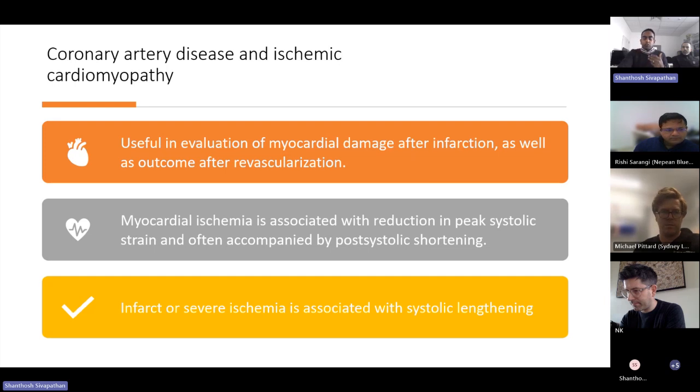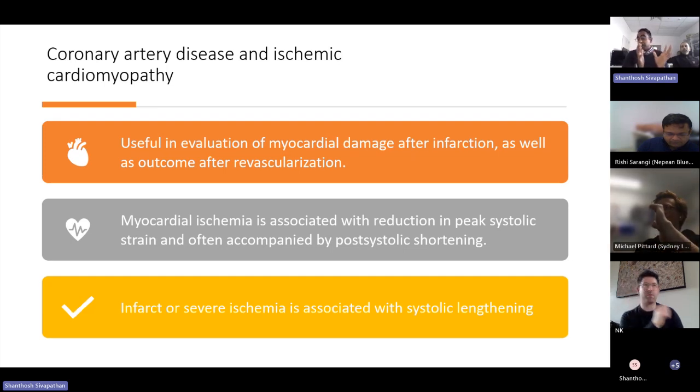All right, clinical application of strain. When I'm talking about strain, I'm predominantly looking at global longitudinal strain, or GLS. In coronary artery disease and ischemic cardiomyopathy, it's useful. You can see certain segments where there's less shortening, and it can give you infarct pattern regions where certain areas of the RV or the inferior wall are not contracting at all.